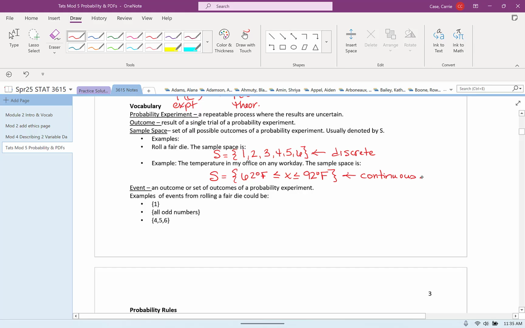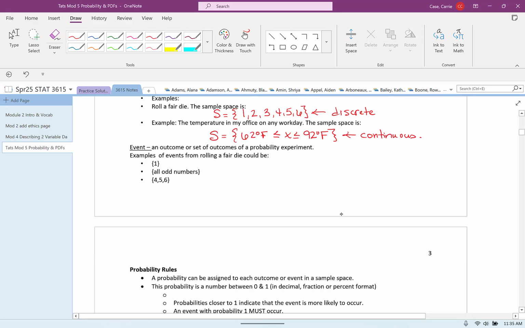Whether we have discrete or continuous data is going to be important in a few minutes as to how we represent that data. An event is an outcome or a set of outcomes of a probability experiment. Examples of events when we roll a fair die could be rolling a 1, any odd number, or anything 4 or more. All of these are events.